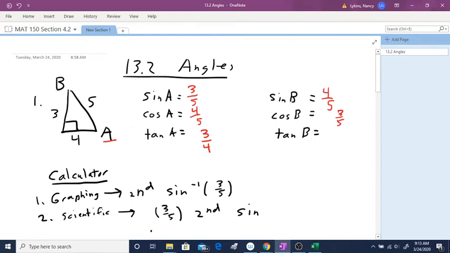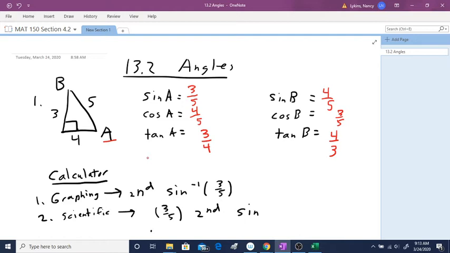And finally, tangent is the opposite, which is 4 over 3. Now, if you notice, the sine of A and the cosine of B are the same, 3/5, and also the cosine of A and sine of B are the same, 4/5, and the tangents are the reciprocal, or the fraction flipped, so 3/4 and 4/3.